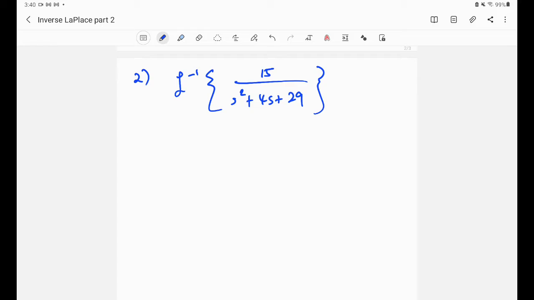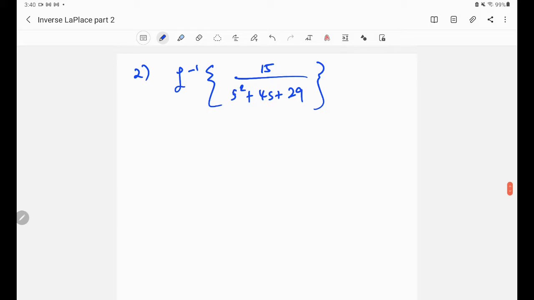But in this example, you cannot really factorize the denominator into whole numbers, integers.